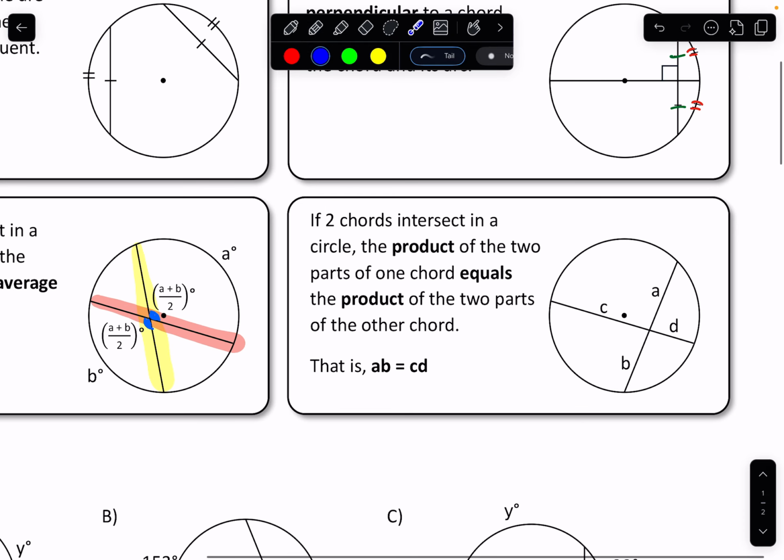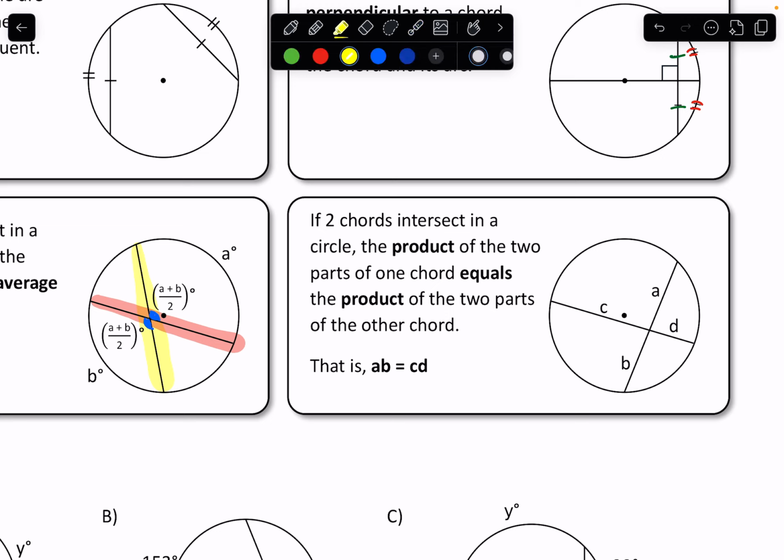And then the last one says that if two chords intersect, then the product of the parts of 1 equals the product of the parts of 2. This is also pretty cool. So I've got two chords that intersect.